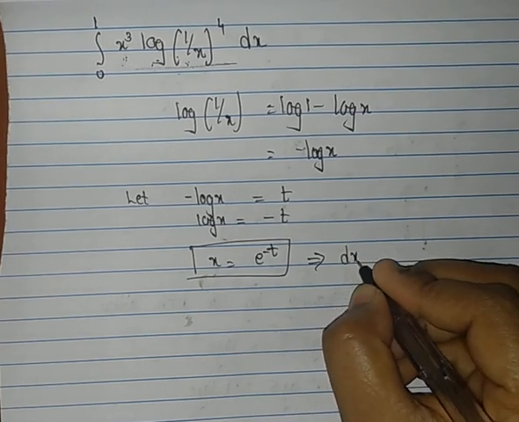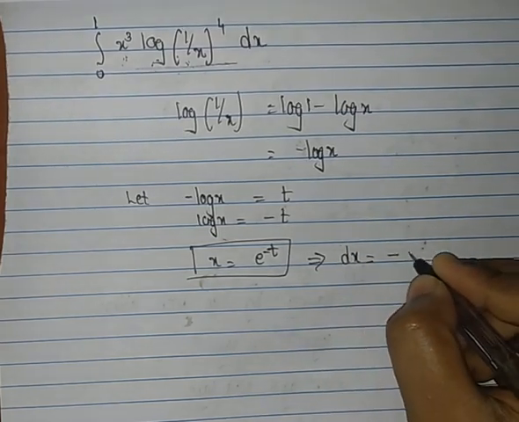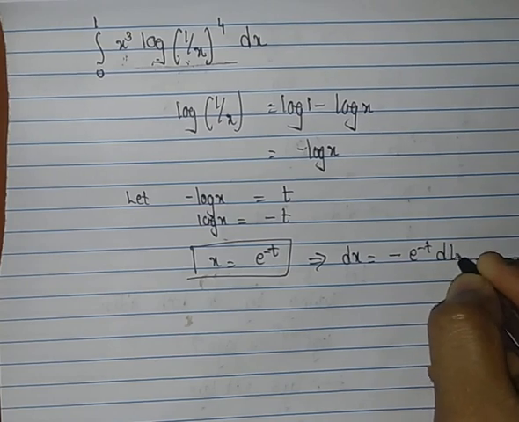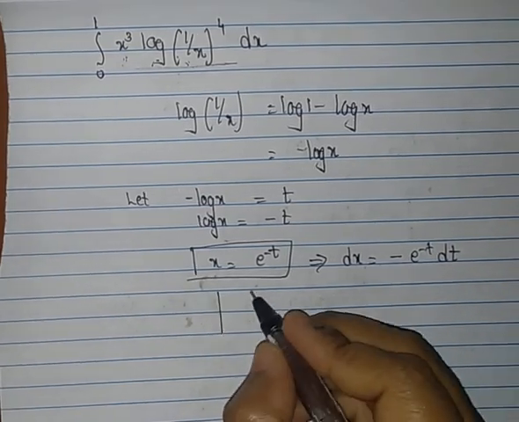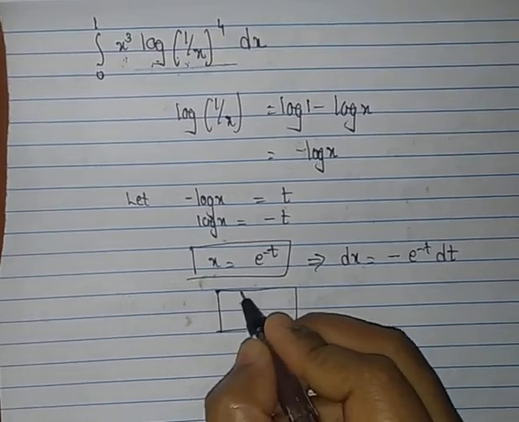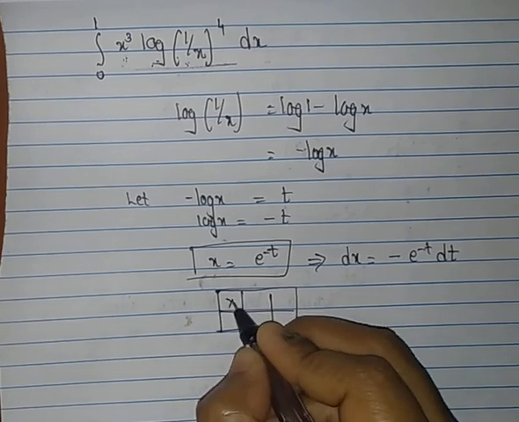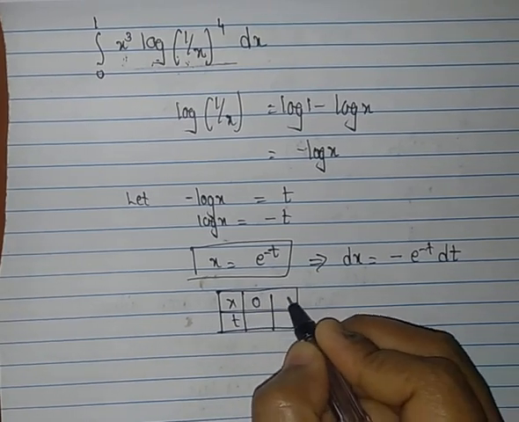Now I'll calculate dx. What is that? dx equals minus e raised to minus t into dt. The limits, x and t. The limit of x is from 0 to 1.